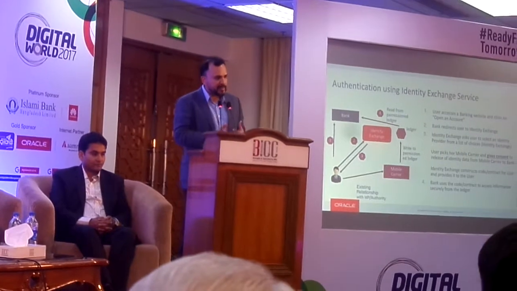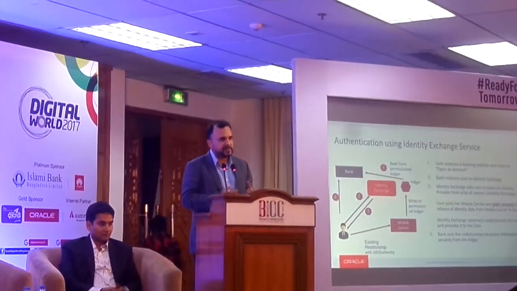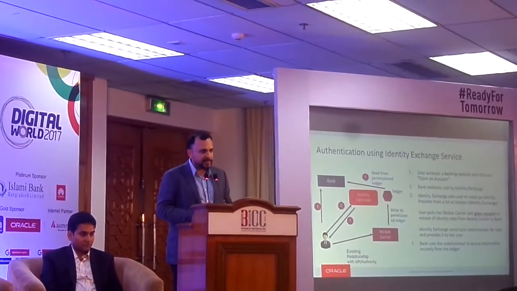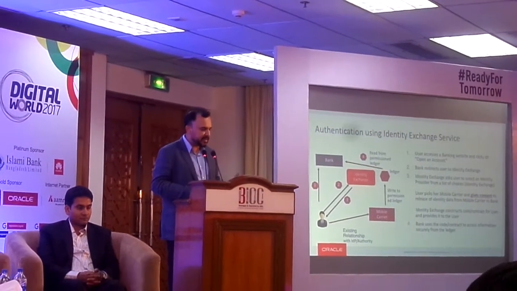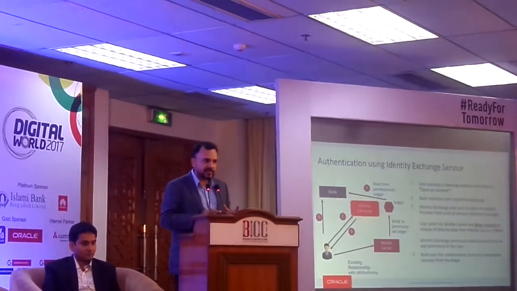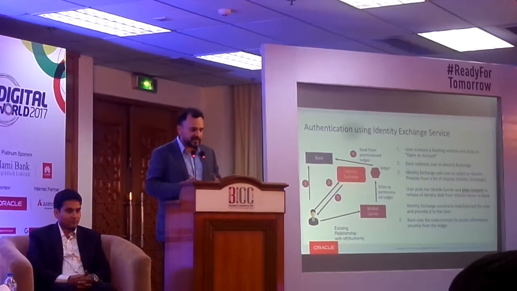So what happens now? Say, first thing, you have implemented it, you've got the application developers and all. So now a person is, for the first time, using this distributed identity exchange. He opens up a banking website, and he clicks open an account, register an account, and things like that. So the bank redirects to this distributed identity exchange that has our blockchain service capability already deployed.